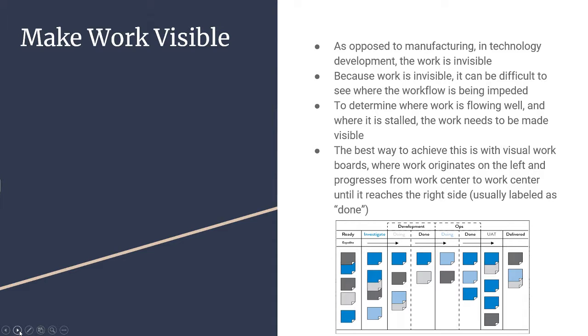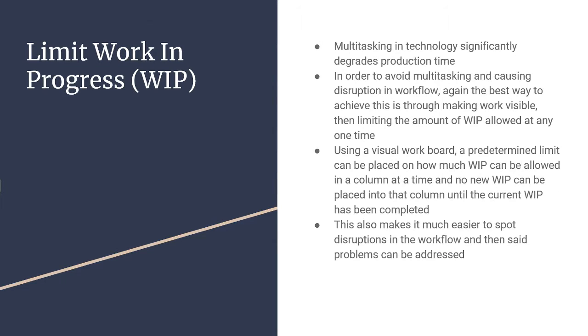One way is visual work boards, where the work originates on the left and moves to the right according to the progress we're having, as in the little image on the right side at the bottom. Usually when we're done, we move all the way to the right.